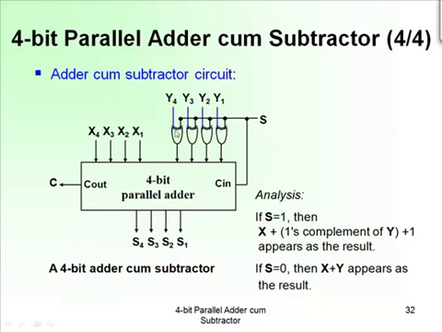If s equals 0, then x plus y appears as the result, so it won't change. Depending on whether s is 1 or 0 determines whether this gets changed to 2's complement, and so whether this adds or subtracts the two numbers. Really, it always adds. It's just adding a negative number, if you want to think about it like that.